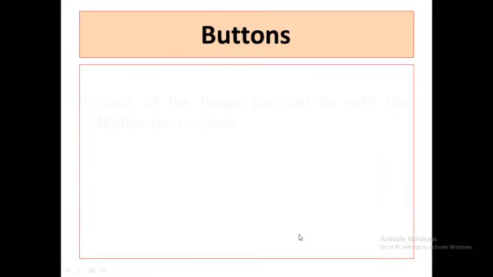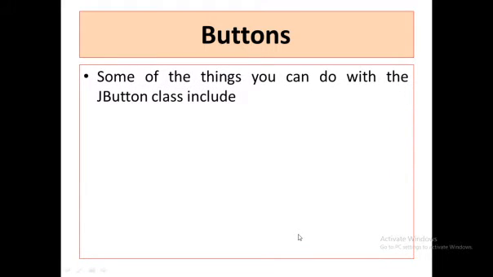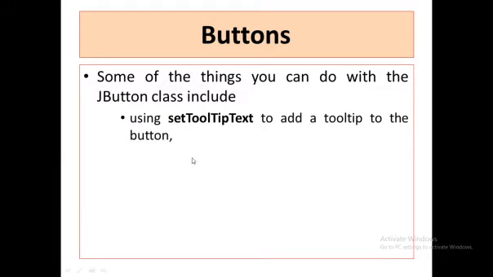Okay, so here are some of the things you can do with the JButton class. Like we already observed, once again using the setToolTipText to add a tooltip to the button. It means if we have a button and our mouse moves onto the button, automatically without clicking that button, it will show us what we should perform with that button.